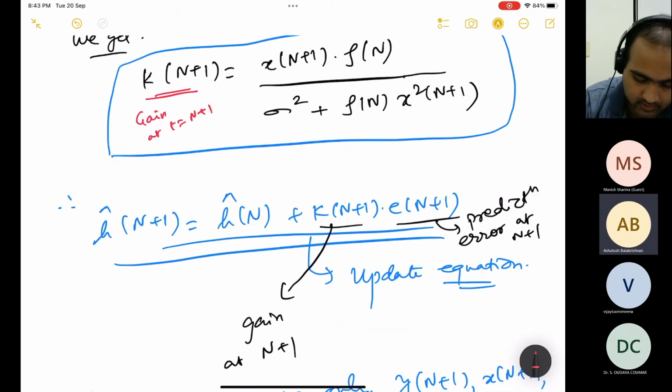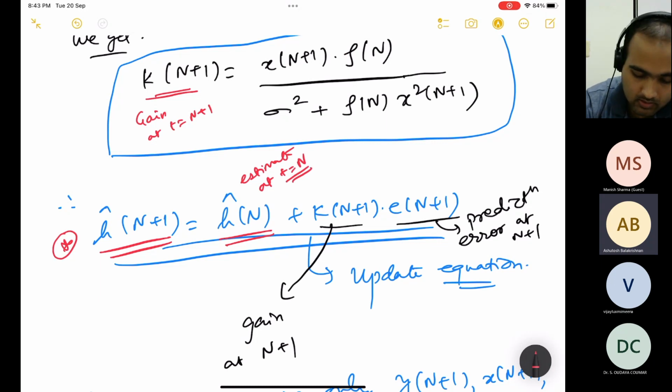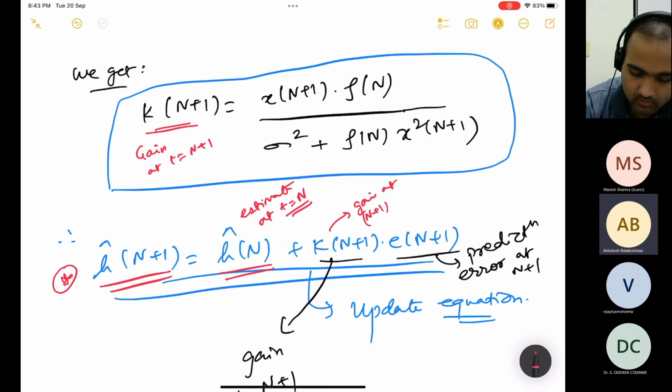So h hat at n plus 1 is basically h hat of n, my estimate at time n, plus the gain at n plus 1.